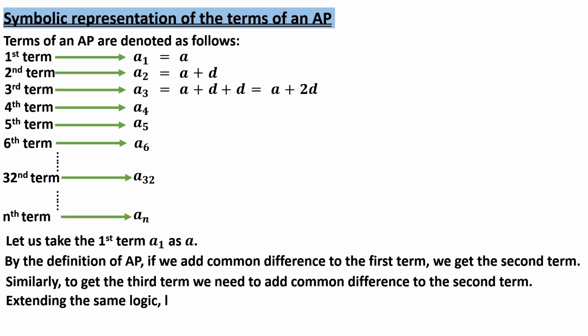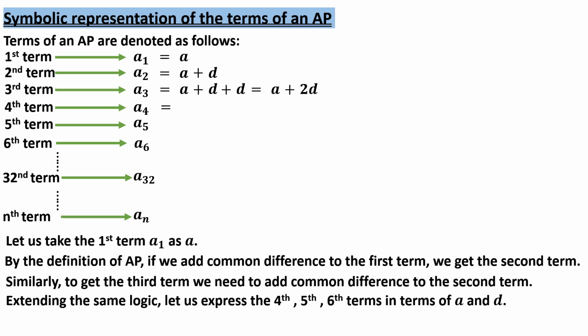Similarly, extending the same logic, let us express the fourth, fifth, and sixth terms in terms of a and d. a4 is a plus 2d plus d, third term plus common difference. 2d plus 1d is 3d.